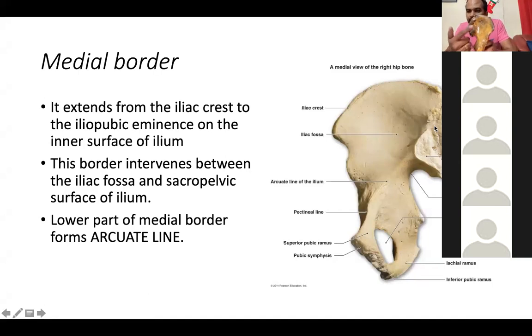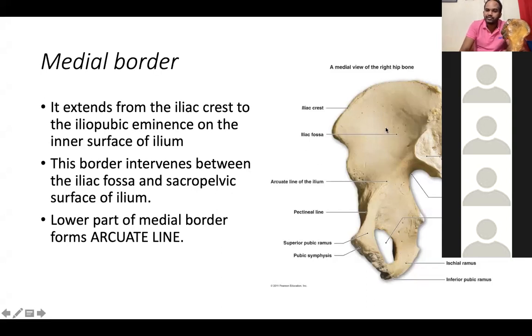Between the sacropelvic surface and the iliac fossa, you will see this border intervening. So this medial border will be intervening between the sacropelvic surface and this iliac fossa.